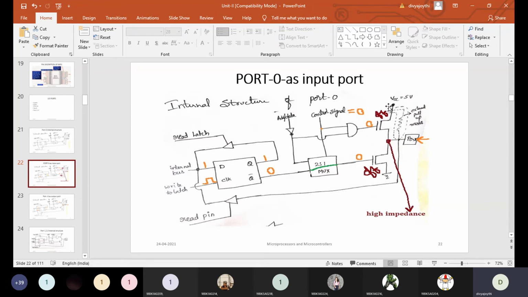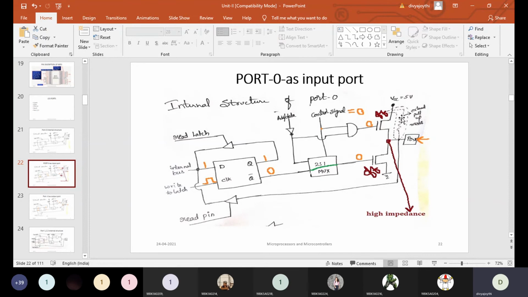So whenever there is a high impedance state, what is the next thing? We want to make this port an input port. That means the port has to read some value from the external side. But here we are stuck, as we don't know what value is appearing here. So what we have to do, as port 0 does not contain any pull-up resistor, is connect one pull-up resistor externally. If you can see here, I have represented a dotted resistor. The dotted resistor indicates that it is not an inbuilt pull-up resistor.